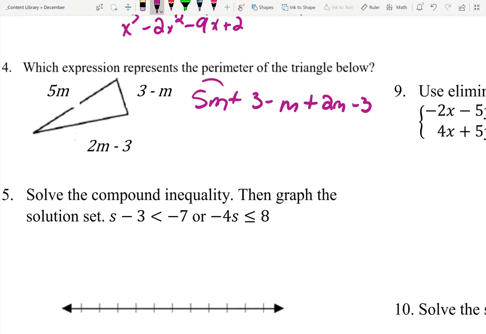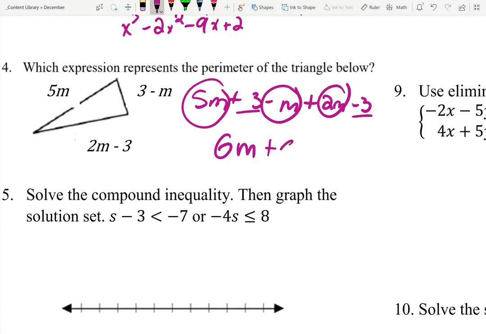So I've got m terms. 5m minus 1m plus 2m. So 5 minus 1 plus 2 means that this is 6m. And then my other like terms are plus 3 and minus 3. Plus 3 minus 3 makes 0. So plus 0, or basically same thing as just 6m being the final answer.